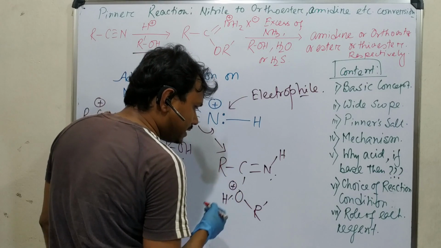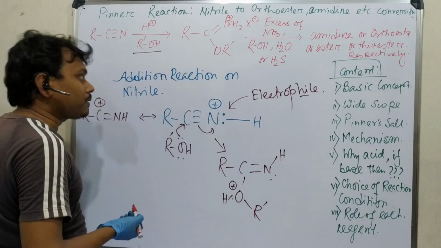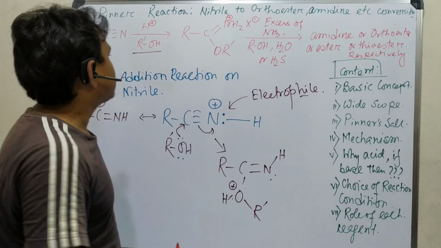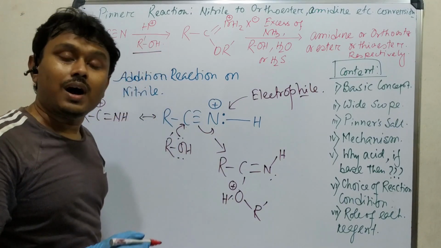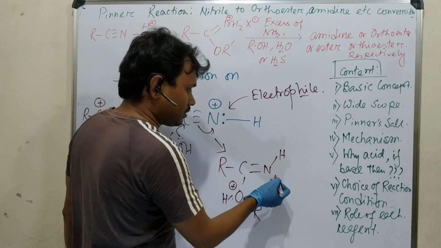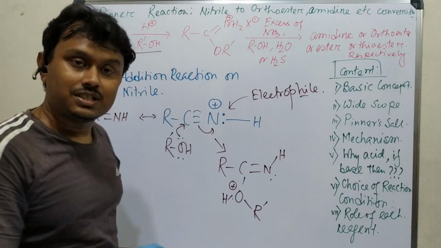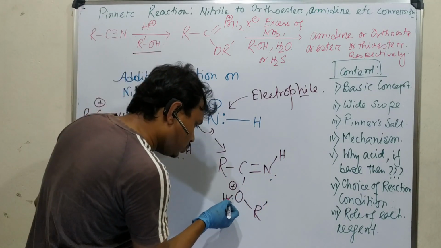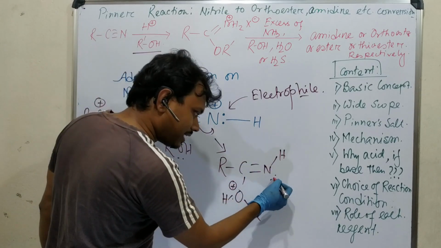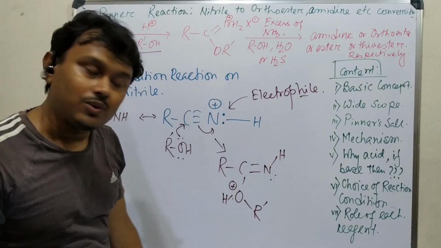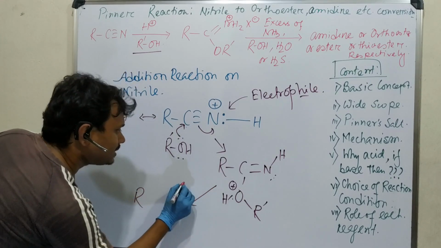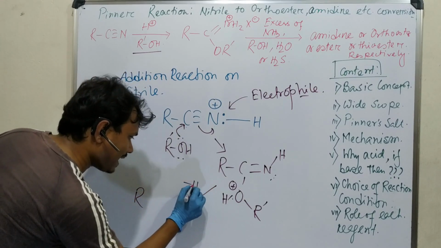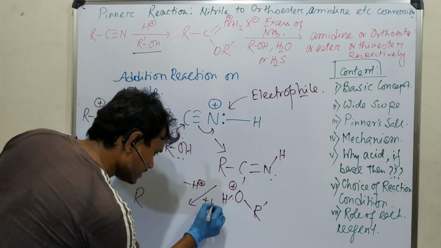This proton will be eliminated, and where will the proton be abstracted? Simply, you can see that this medium is acidic. So who can abstract first? This nitrogen can abstract, or another molecule of alcohol can abstract. So what will be the consequence? Minus H plus, and next will be plus H plus also.